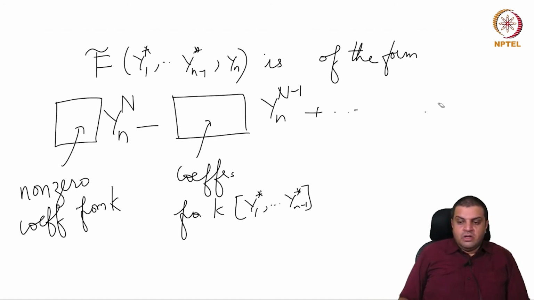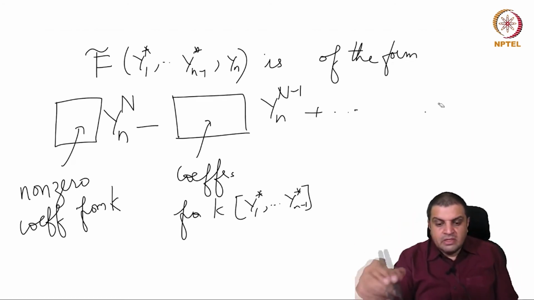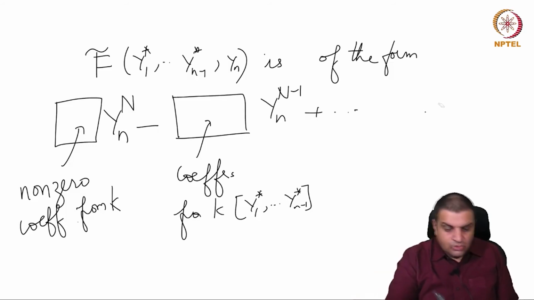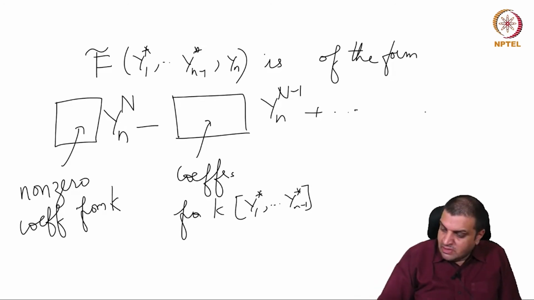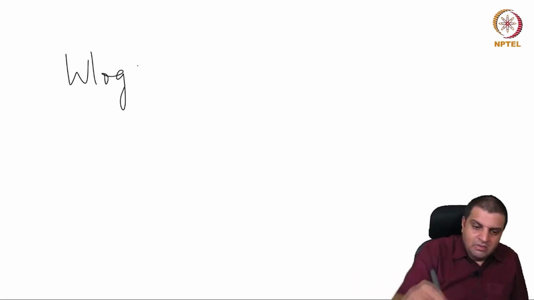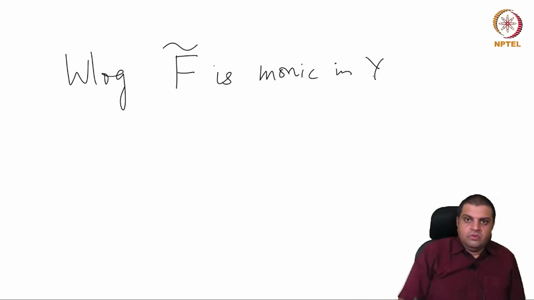In other words, in these new variables this is a non-zero coefficient from K, so it's invertible. So without loss of generality we can relabel things and assume that f, or f tilde, is monic in yn, with coefficients coming from the earlier variables.